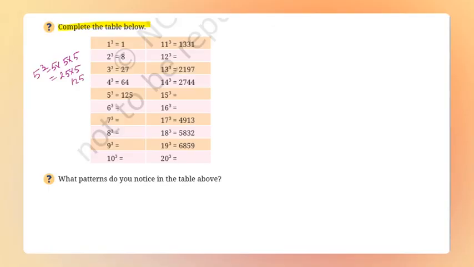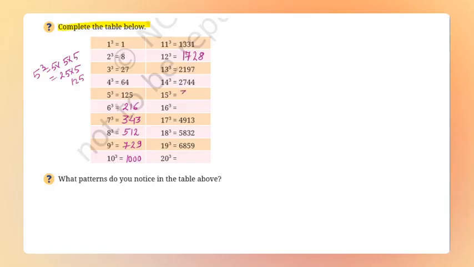Similarly, 6 cube will be 6 times 6 times 6, which becomes 216. Then 7 cube is 343. 8 cube is 512. 9 cube is 729. 10 cube is 1000. 11 cube is given as 1331. 12 cube is 1728. 13 cube is given as 2197. 14 cube is also given as 2744.